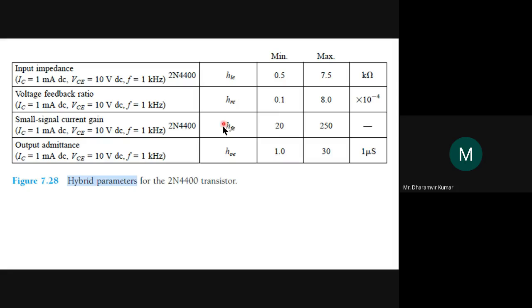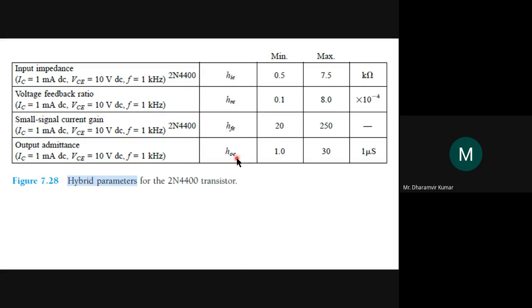So this HFE is actually also the value of beta. So beta would be somewhere between 20 and 250. Most commonly it will be around 100 or 150, somewhere near that value. For most cases you will find it like this.